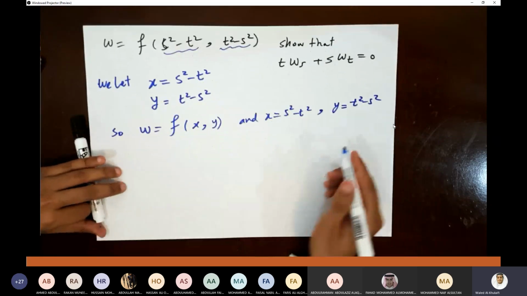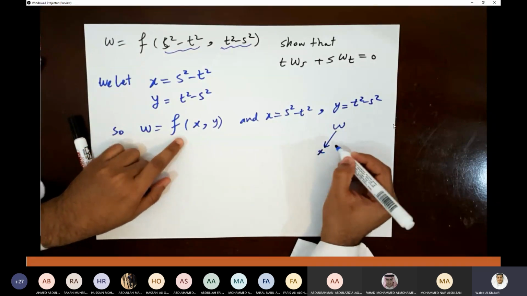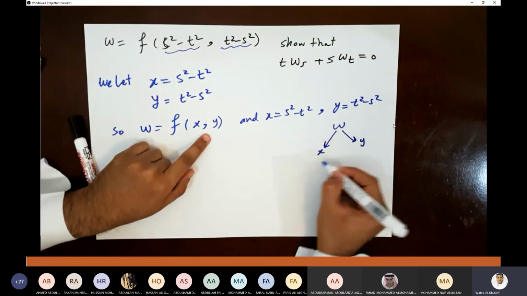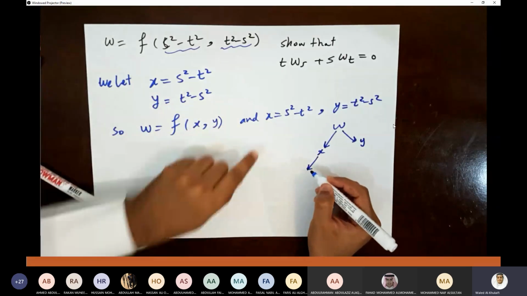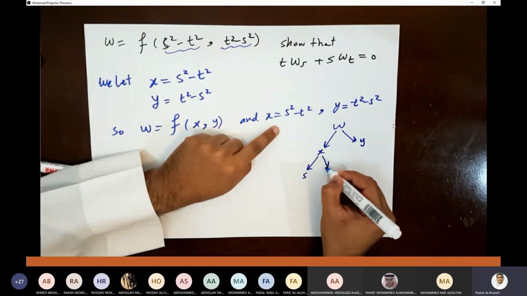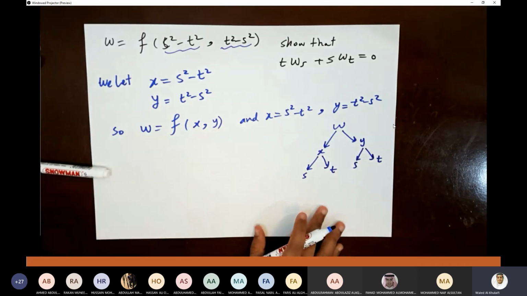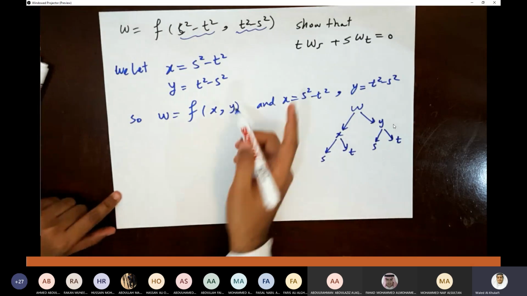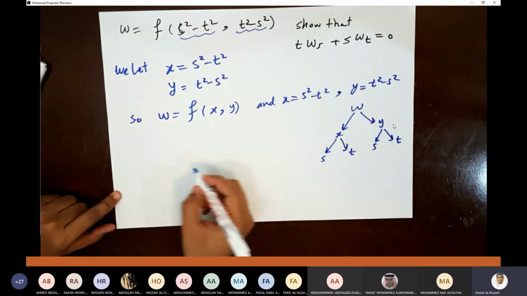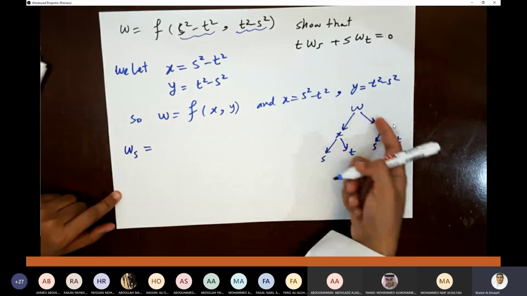When I draw a tree diagram, w depends on x and y, and then x depends on s and t, and the same thing for y. Okay, I have the s. Now I need to find partial w by partial s, or w_s, which is equal to, now this is one branch and this is another branch.